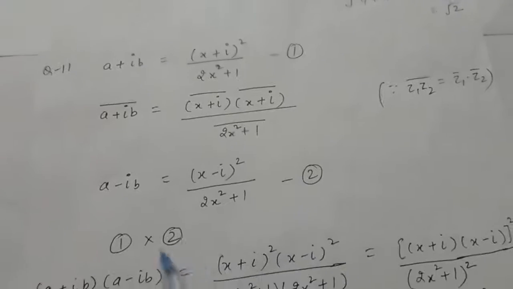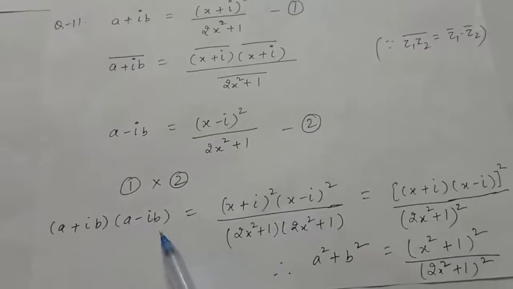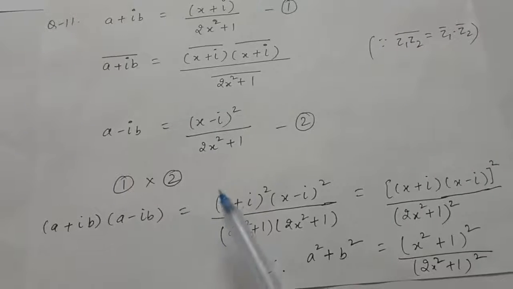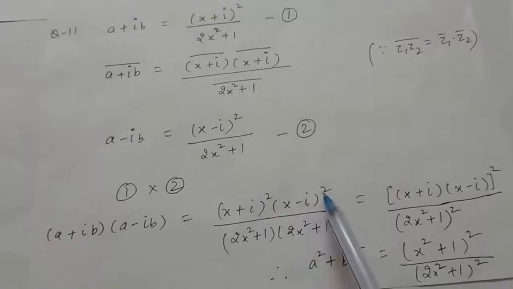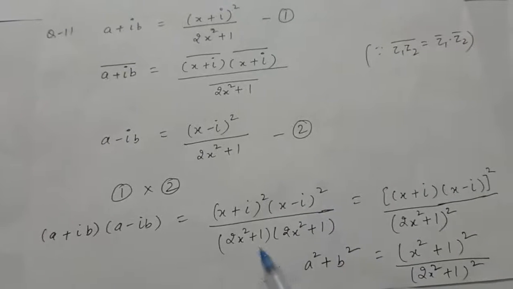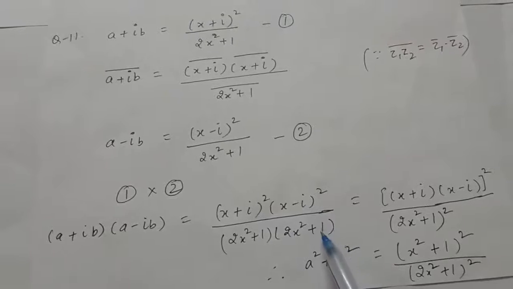Now multiply 1 and 2. So a plus iota b into a minus iota b is equal to (x plus iota) whole square into (x minus iota) whole square, upon (2x square plus 1) into (2x square plus 1), right?